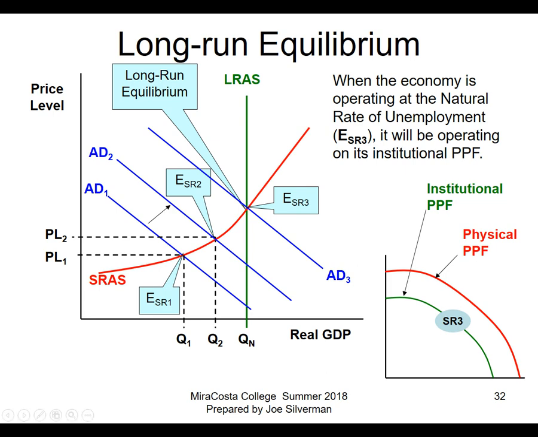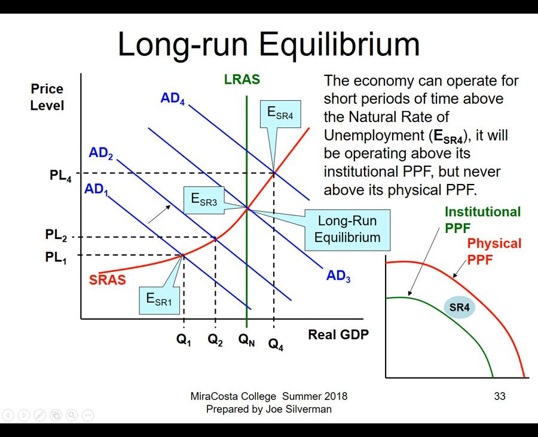So it's possible that when we get into an economic boom, the aggregate demand curve might shift one more time, and over here now Q4 is the level of output and PL4 is the price level. We've entered the inflationary gap or an economic boom. We're beyond our institutional production possibility frontier. But one thing we can never go beyond is a physical production possibility frontier.